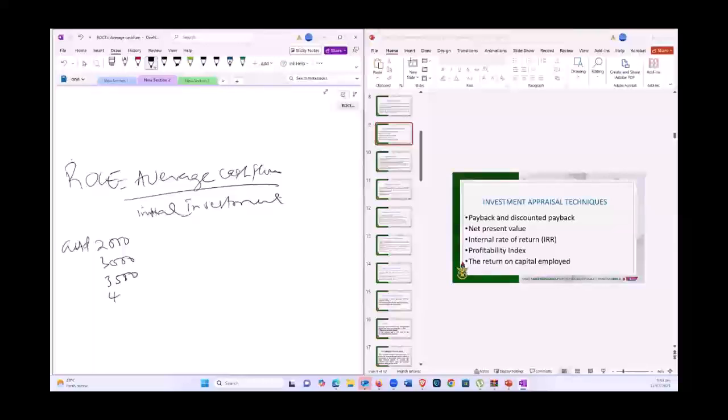Next one 4,000. Next one 5,000. You put all together. How much would you get? 17,500. That's the total. So the average will be divided by 5, and that gives us what?